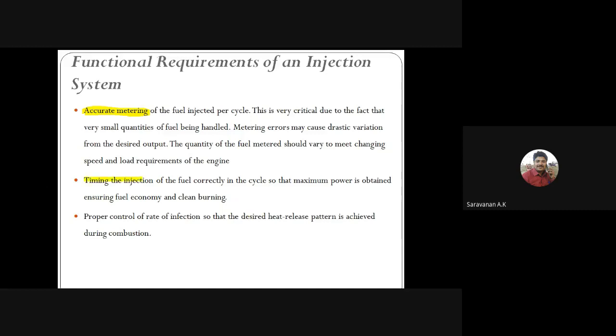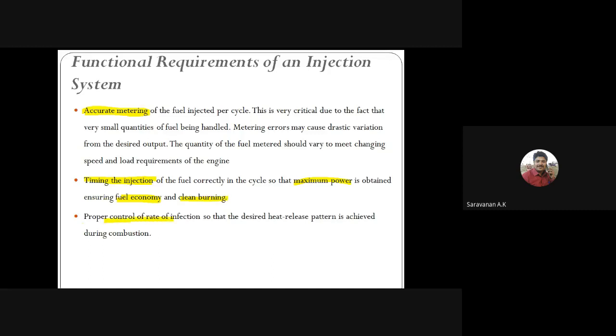Then the timing of injection is also very important. For every cycle we have to get the maximum power while ensuring fuel economy as well as clean burning.